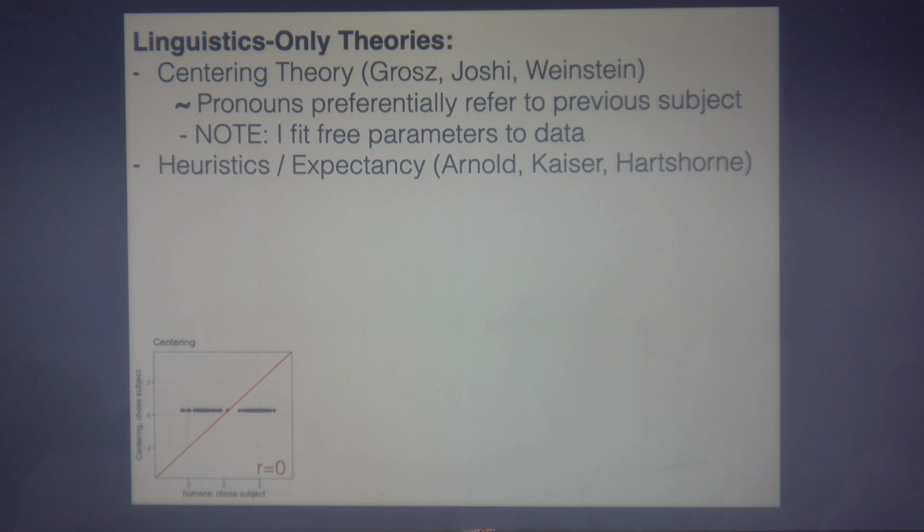There's this other theory that really picked up in the 21st century, the heuristics or expectancy hypothesis, mostly associated with Jennifer Arnold and Elsie Kaiser, a few people like that. I've poked around in that space from time to time, and you could interpret some of what I've done as being in this context. The idea is that a pronoun refers to the most salient antecedent, the most salient thing that you could be talking about right now.